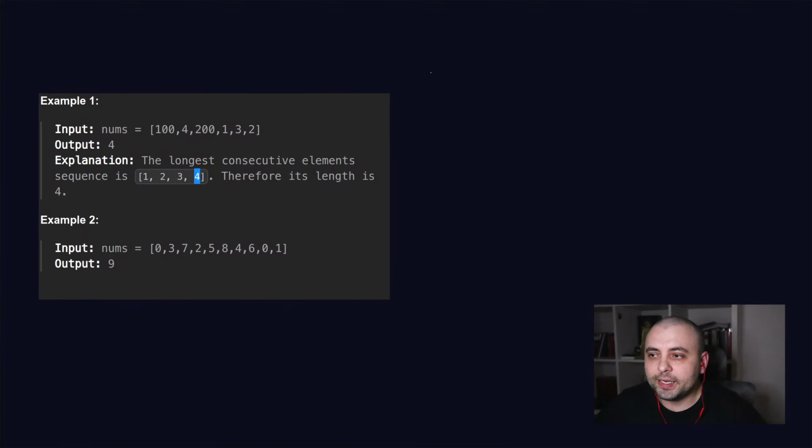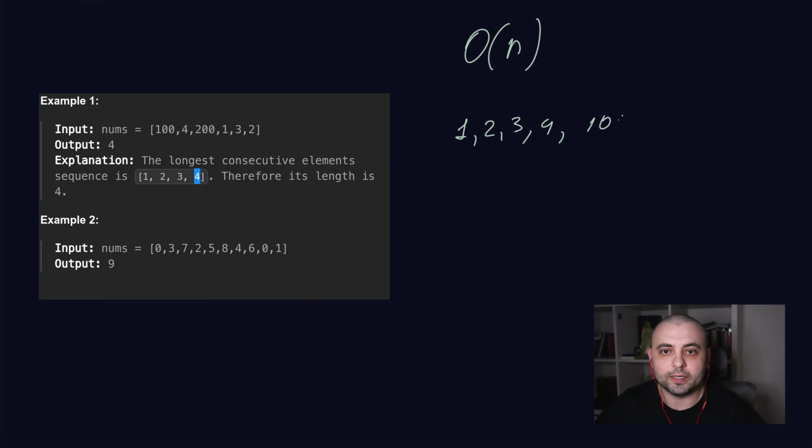So the trick here is we'll need to write an algorithm in big O of n time, which is the trickiest part. If we want to find the length of the longest consecutive sequence, the simplest and most trivial approach would be to sort the array. So we have 1, 2, 3, 4, then 100, then 200, and we can go item by item.